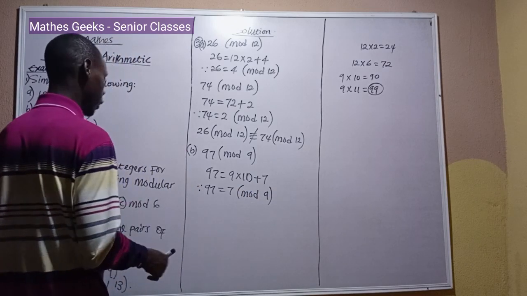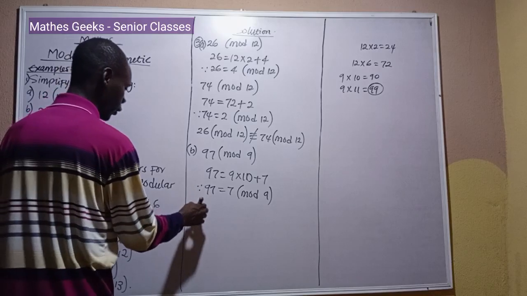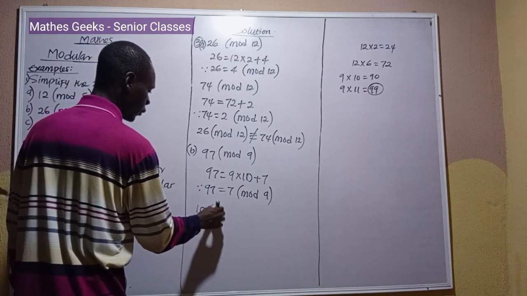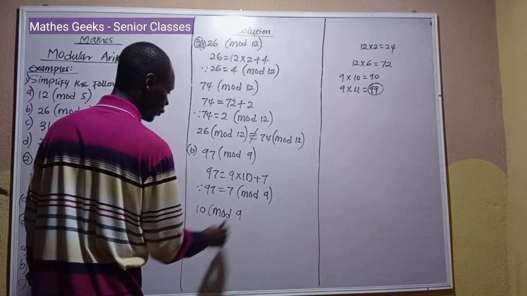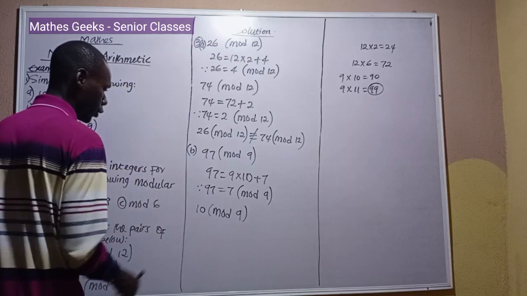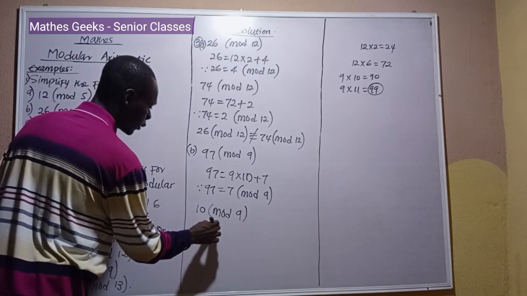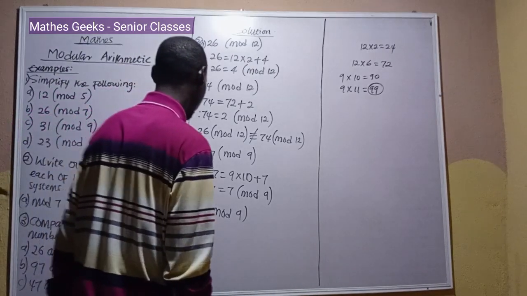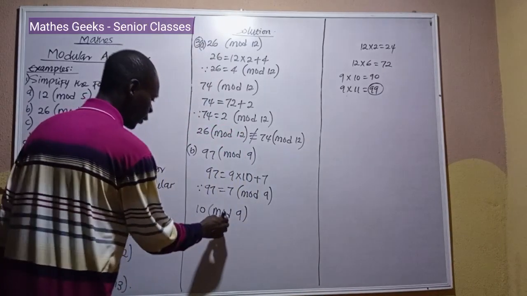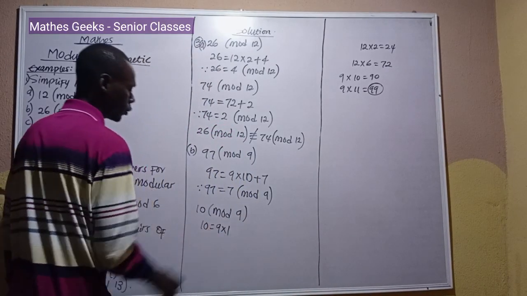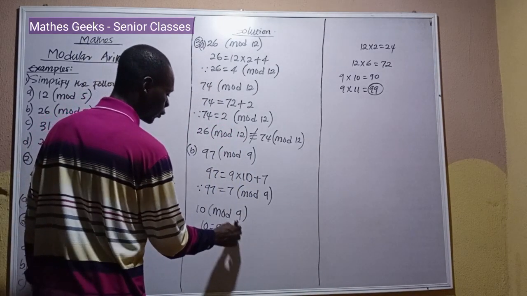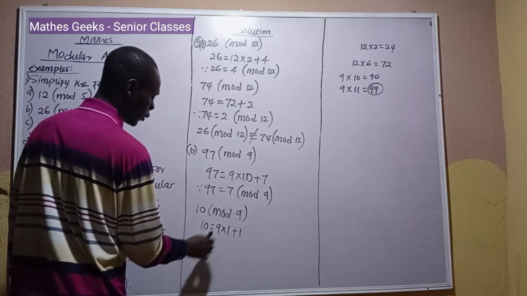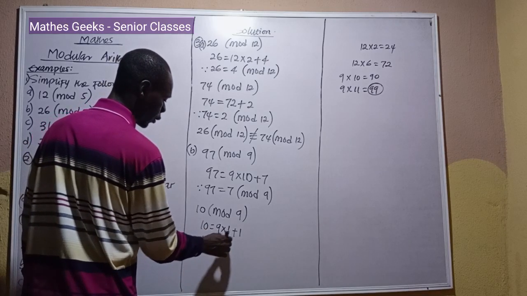Okay, so let's look at 10 in mod 9. The multiple of 9 that is closest to 10 is 9 times 1. 9 times 1 is 9, which leaves remainder 1. So 10 in mod 9 is 1.